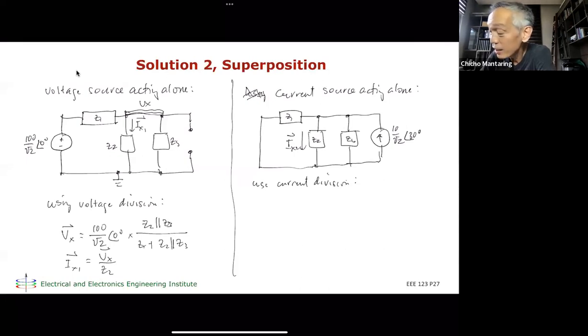The current divides proportional not to the impedance, no? The current divides proportional to the admittance.